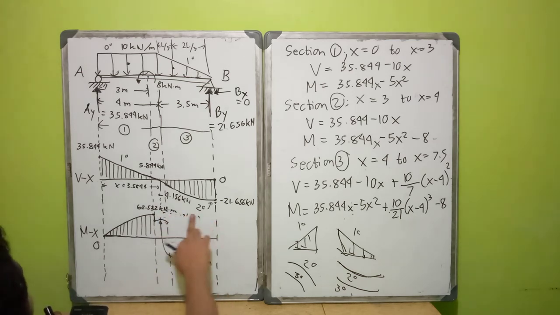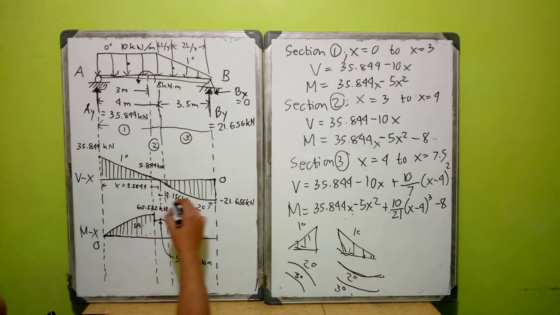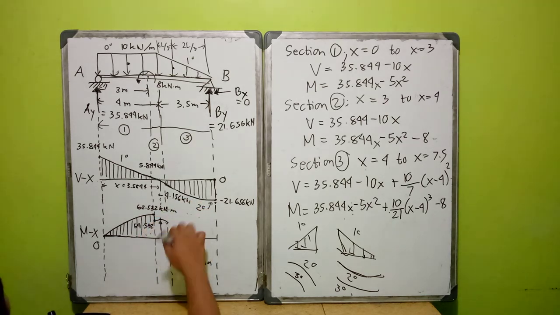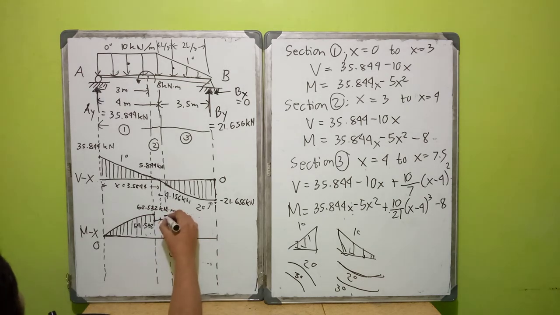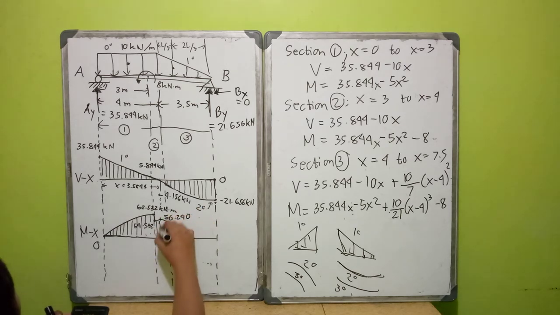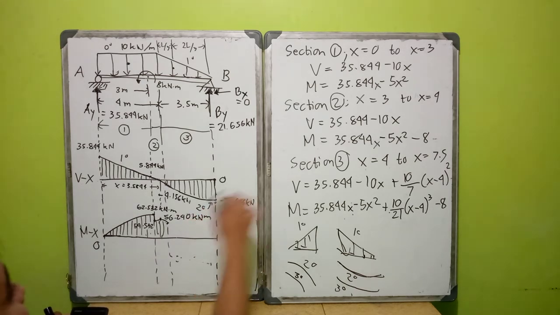Okay, so how to elaborate this? This portion we will have 54.352. So we will put 56.240 at this point, and then we have x equal to 4.